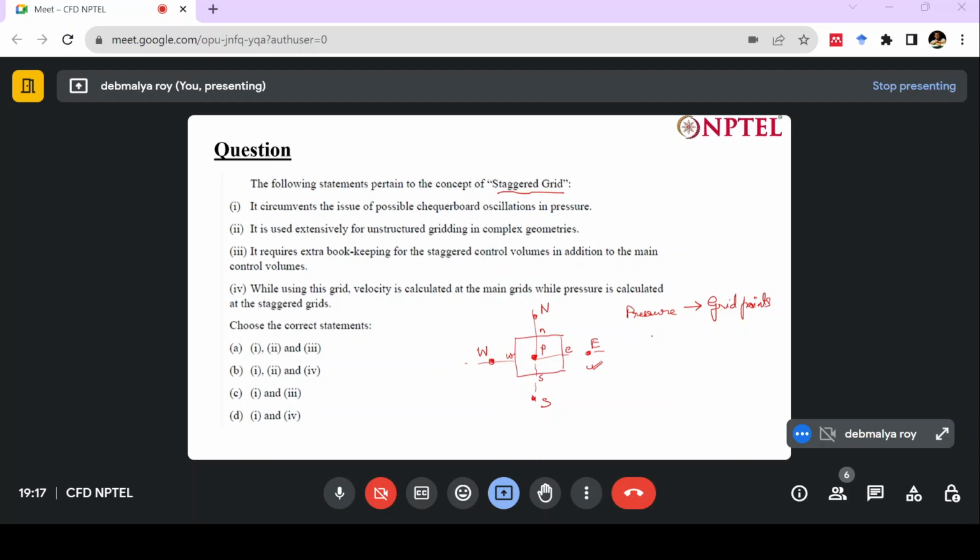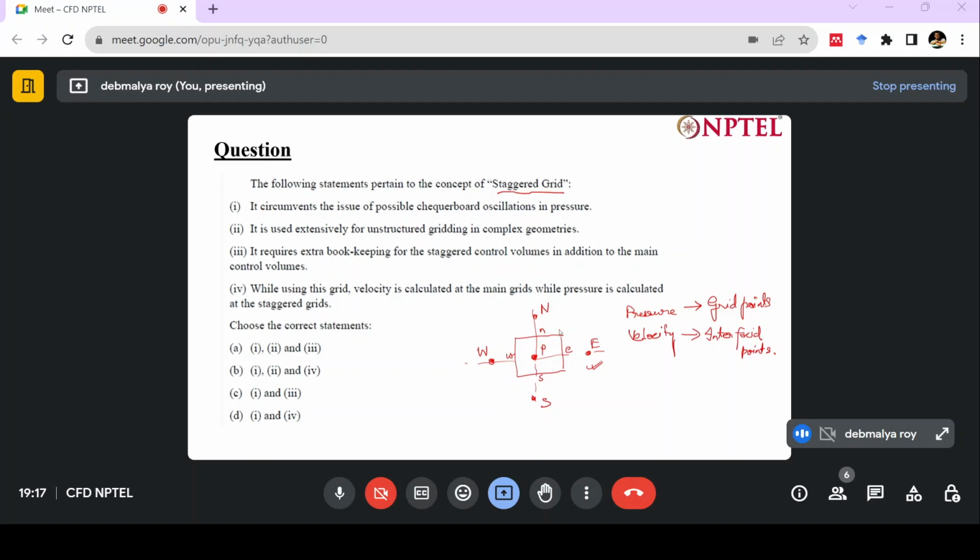And velocity we would take at the interfacial points, or the boundary points, the small letters small e, small s, small w, small n. So here we will take the velocities.